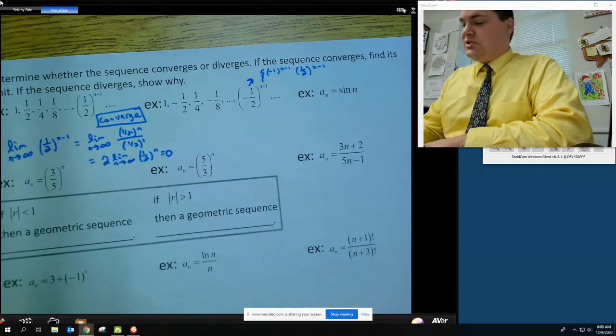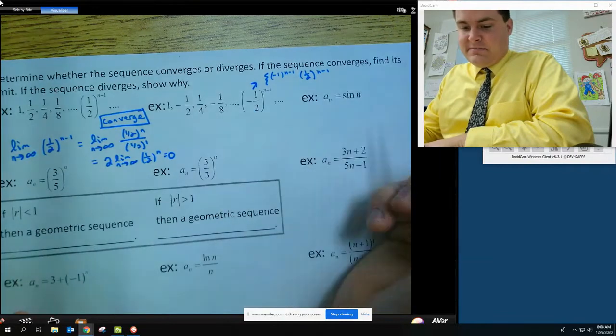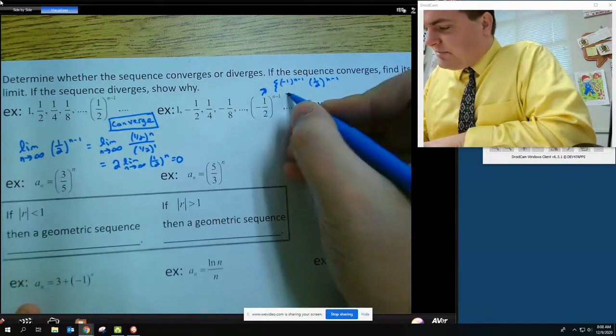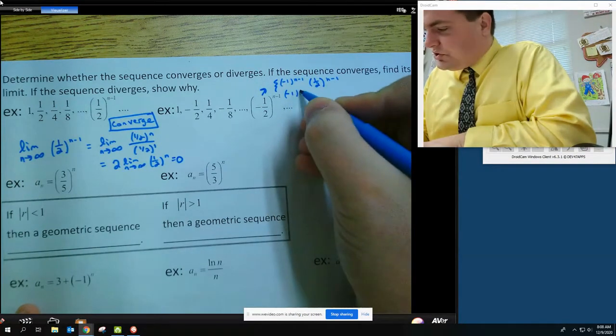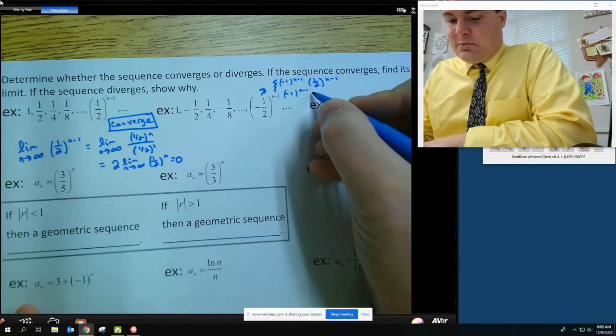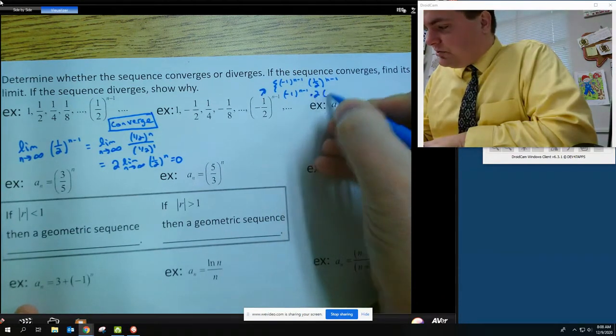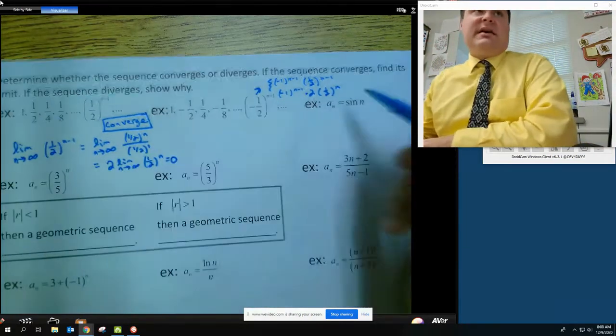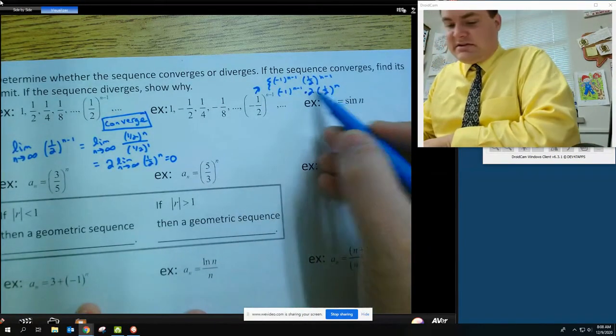That's all I'm doing, just taking out this negative 1. Just like I did over here, I'll skip a couple of steps because I don't need to show everything. This is going to turn into negative 1 to the n minus 1 times 2 times 1/2 to the n.